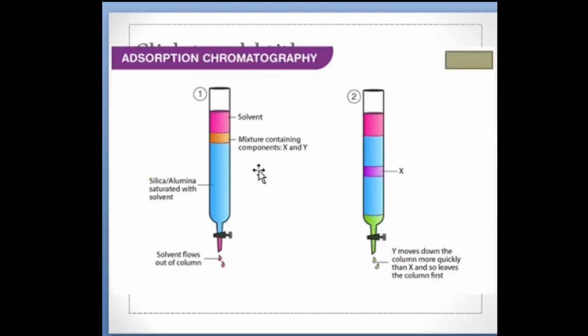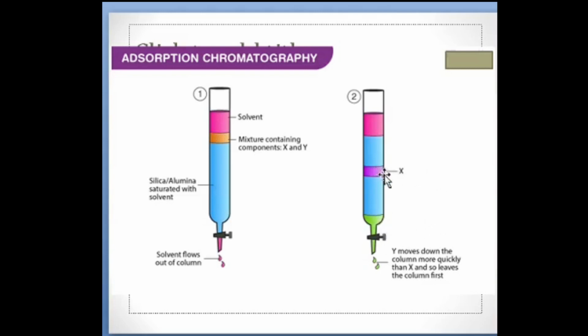You can see here in this column chromatography, this is the stationary phase. We have applied the mixture containing X and Y components. Then we have applied the mobile phase. Now this mobile phase will flow down and carry the mixture through the stationary phase, and the molecules will be separated. For example, here you can see two colors, pink and green.